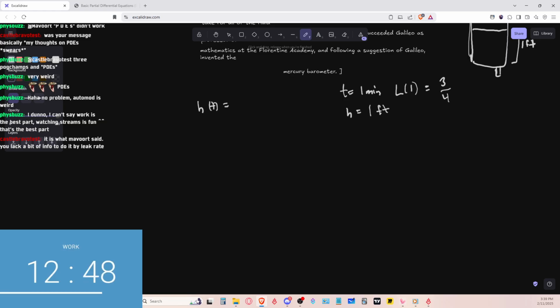Try to see. So h of t prime, the square root of h of t. Yeah, and we'll probably make it easier to turn this into seconds. So a minute is 60 seconds. So 60 seconds.